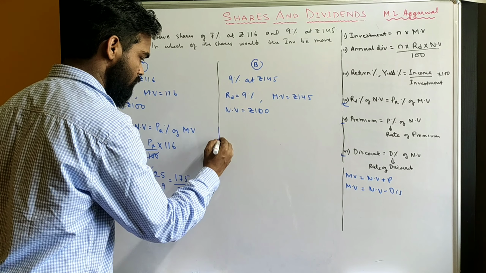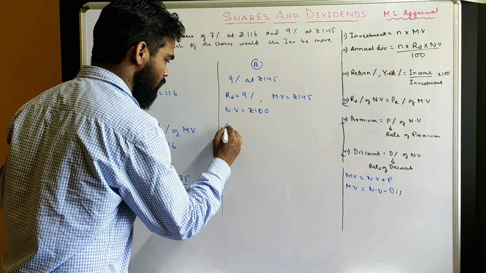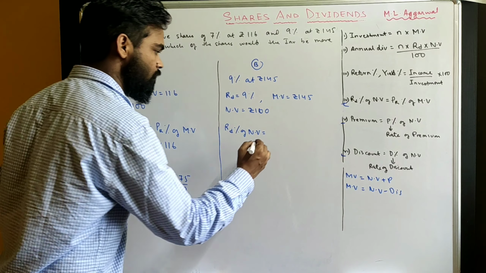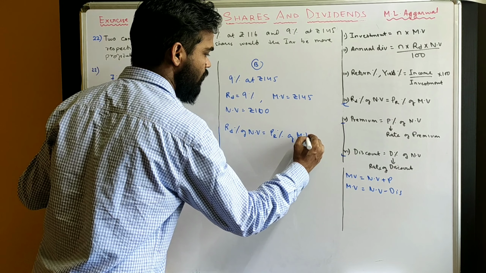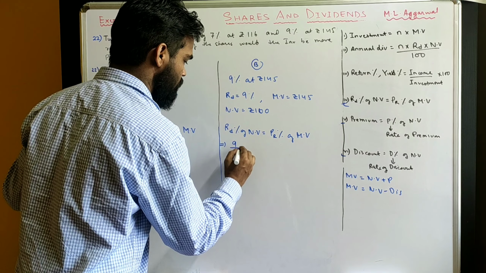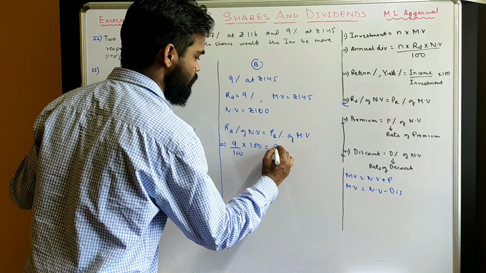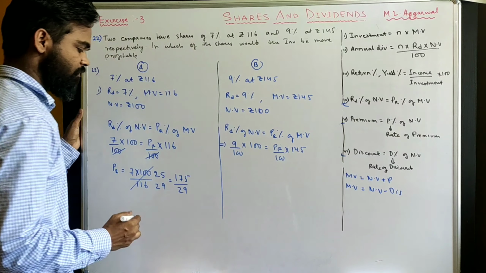Am I clear? Now we'll calculate PR over here also. Same way, RD% of nominal value is equal to PR% of market value. Just substitute the values. So we'll get 9% of 100 equals PR% of market value, which is 145.